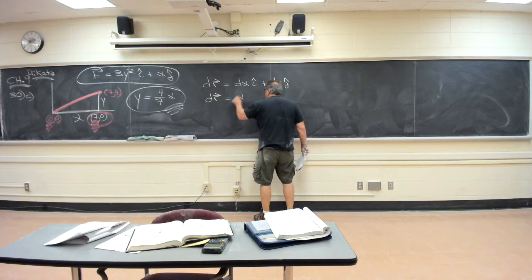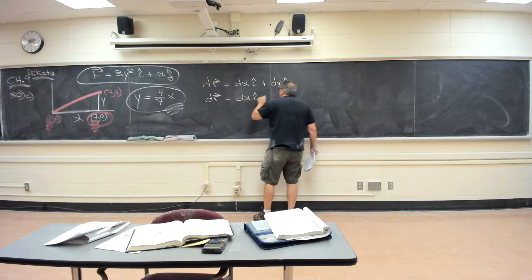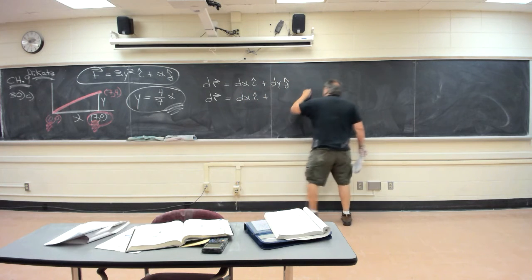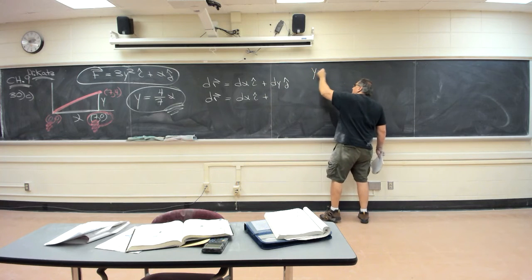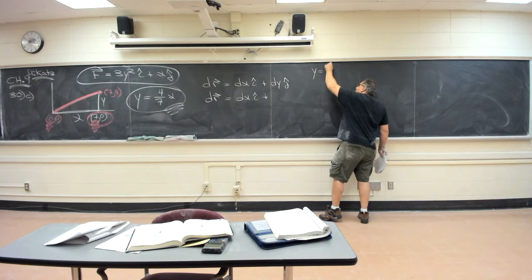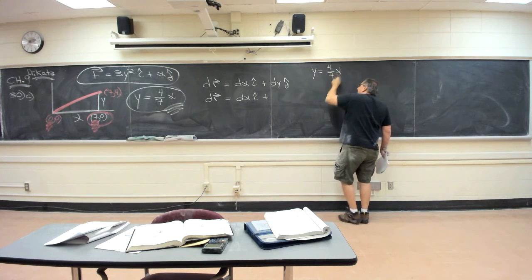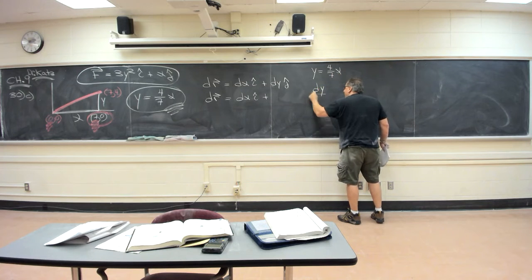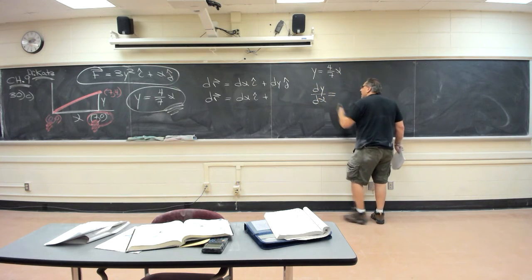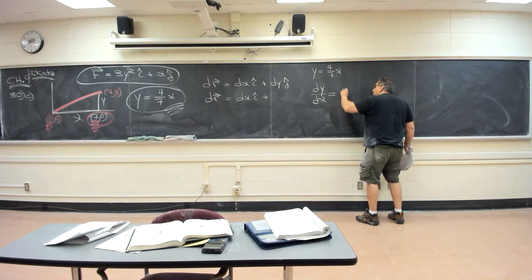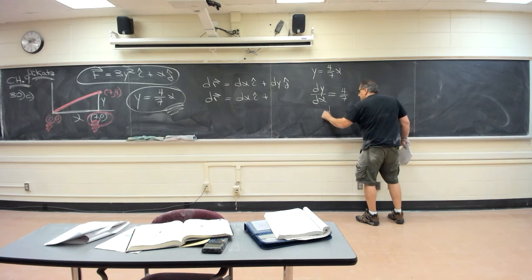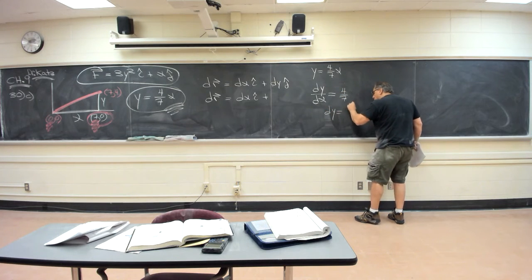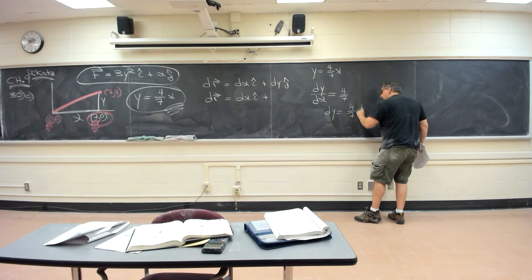And for the y, if y is equal to 4/7 x, then dy/dx is 4/7. So dy is 4/7 dx.